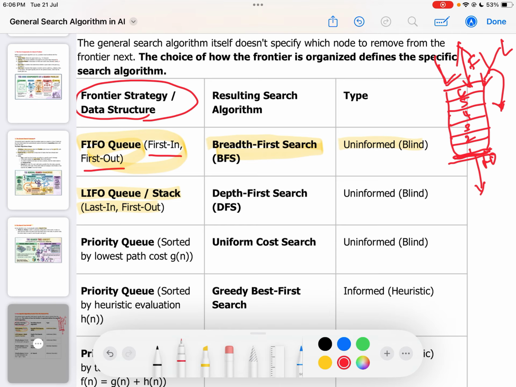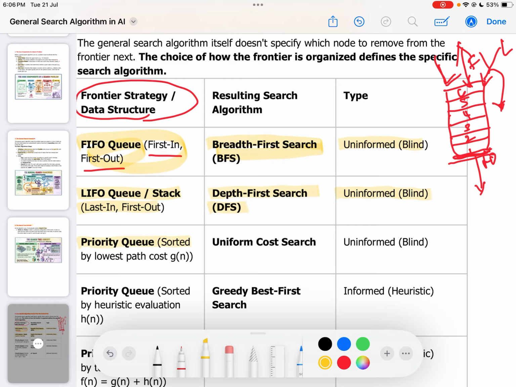This is a data structure type, which you might have learned before anyway. Depth first search, this is DFS. And this is also an uninformed search, which means the goal is not known. The path cost to reach the goal is not known to AI.